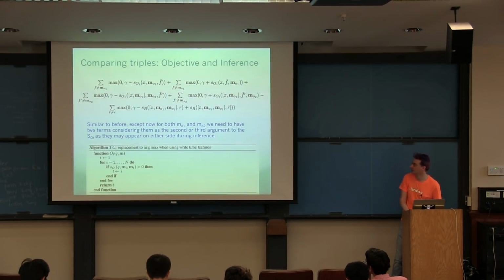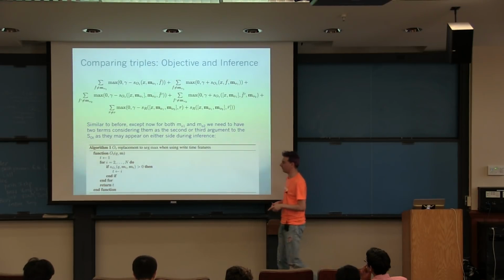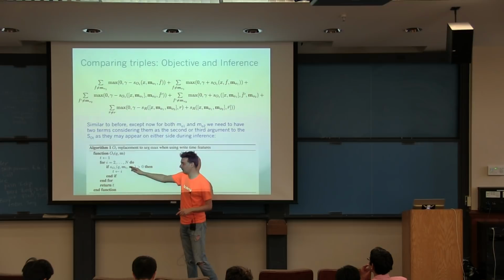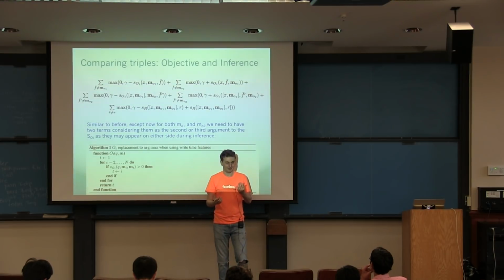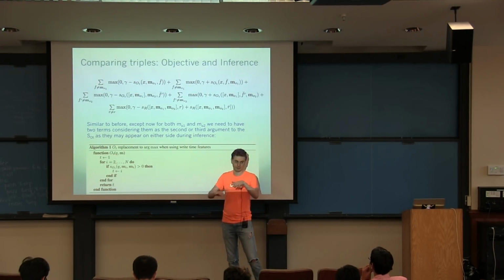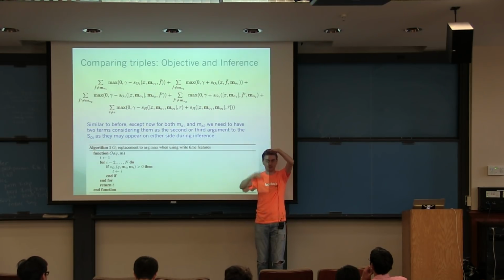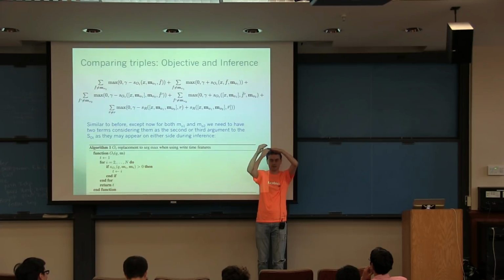Except now, because you're comparing triples, you want to avoid comparing all possible pairs of memories against the question, because that's too slow. So we do a really simple tournament. You take all the possible memories, start at the top, and say the first one is the current winner.